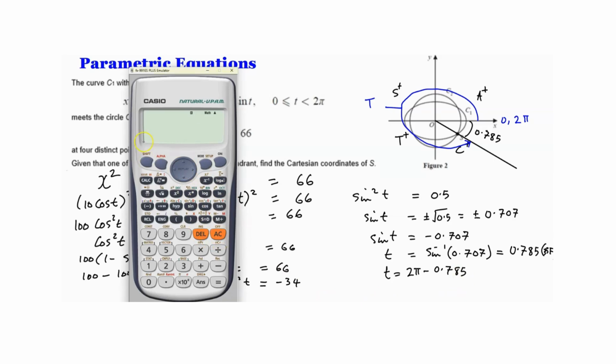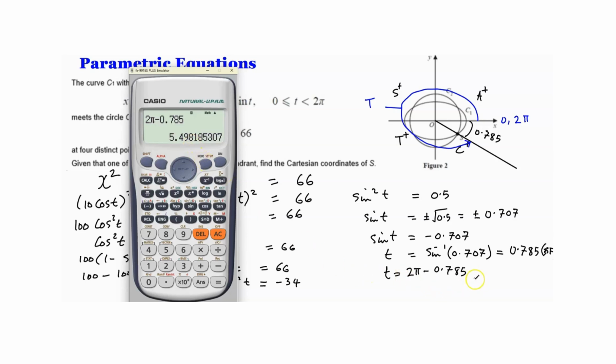So let's use our calculator to work that out. 2 pi minus 0.785. So t here then is 5.498 to 4 significant figures.